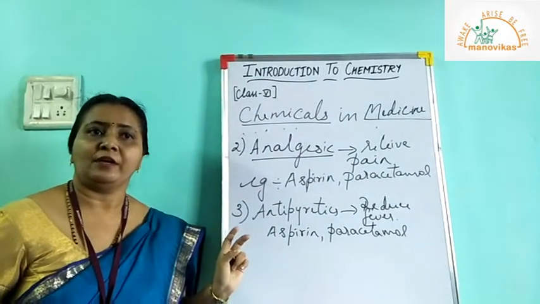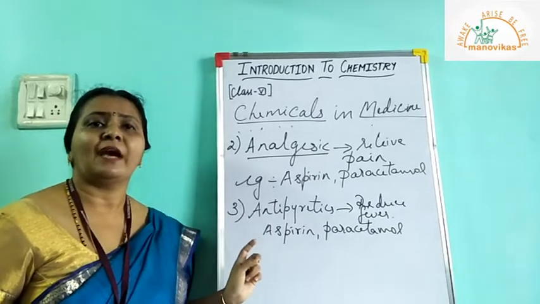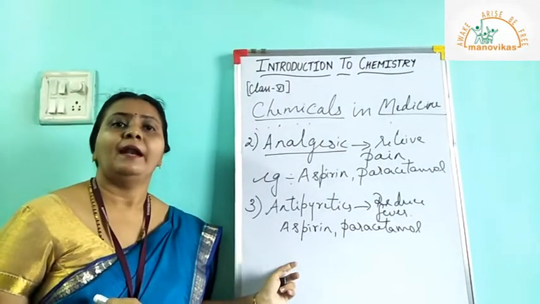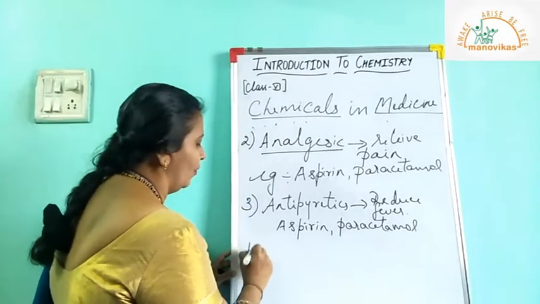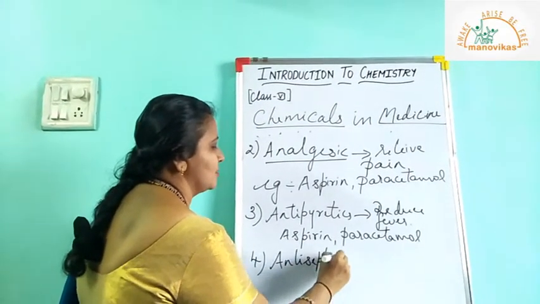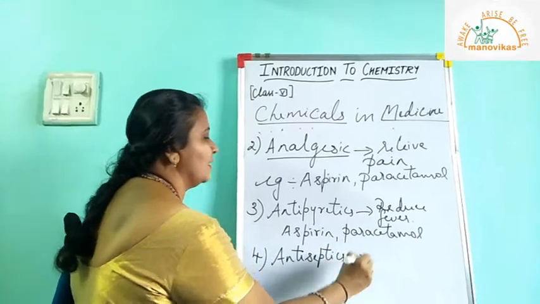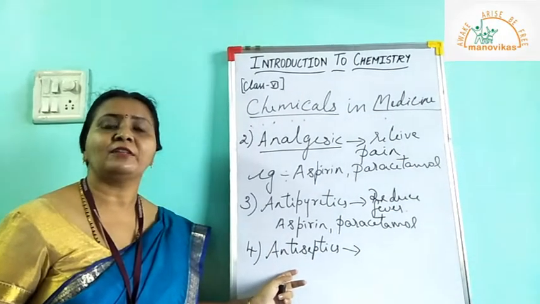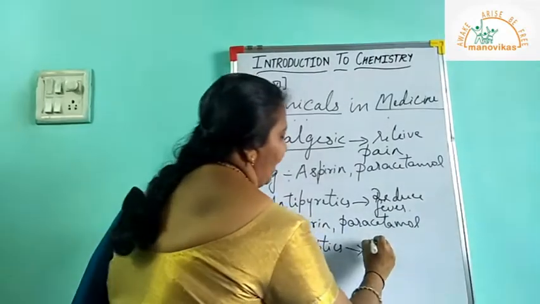Tulsi can be used as a natural antibiotic. Next, let us see antiseptics. Antiseptics are medicines used to prevent the growth of microorganisms.